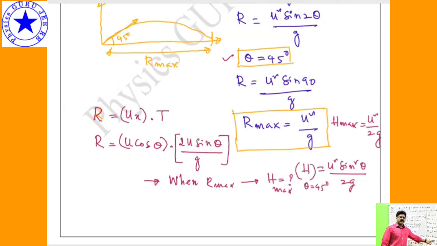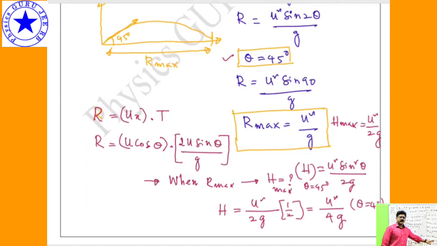Now what is the value of sin 45? Sin 45 is 1 by root 2. So u square divided by 2g into 1 by root 2 whole square, which is 1 by 2, then you will get u square divided by 4g. This is the case when theta is equal to 45 degrees.